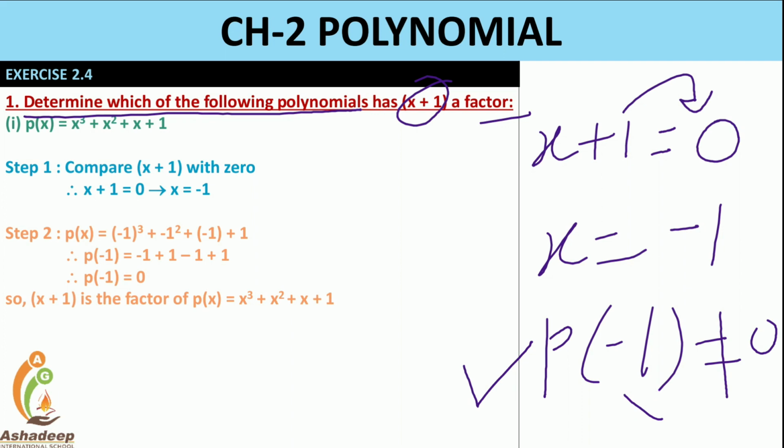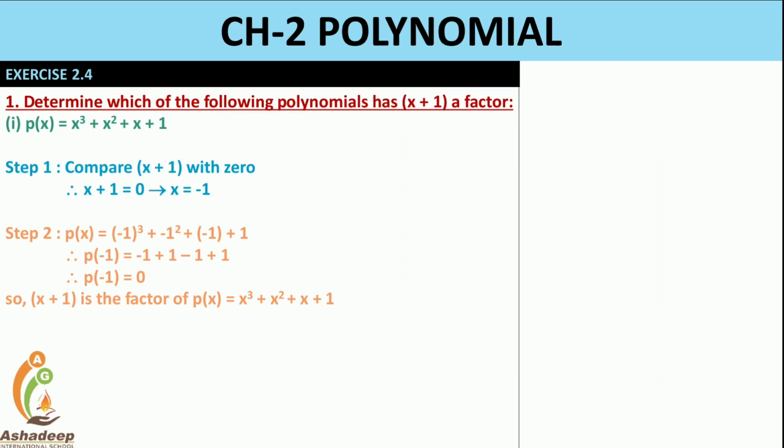Simple. Okay, now see, the first step is what? Compare it with 0. The answer is x equals minus 1. Now we need to find p(minus 1). Wherever you find x in this equation, you need to put minus 1.